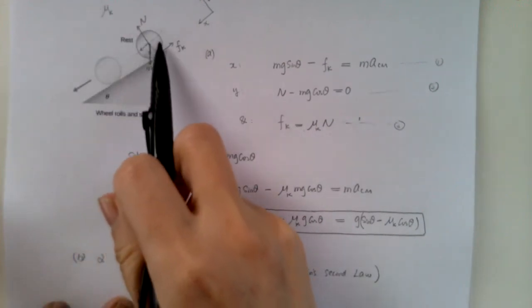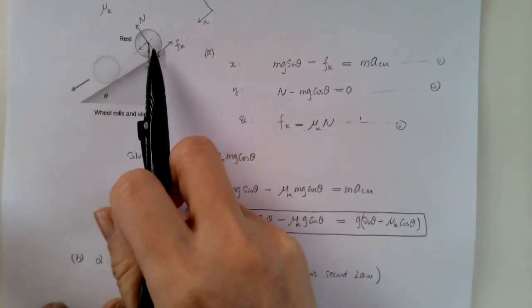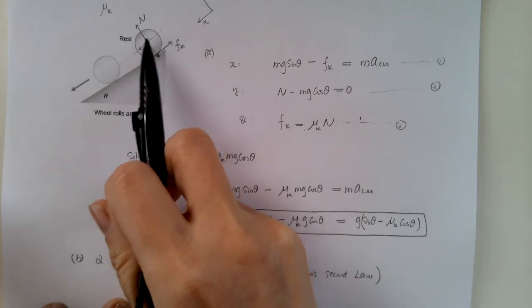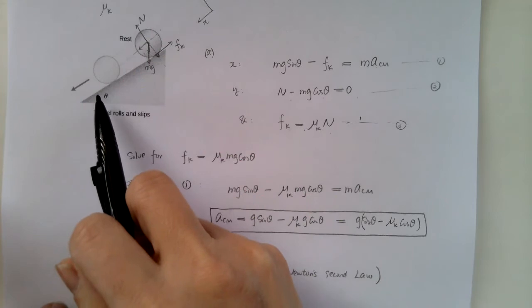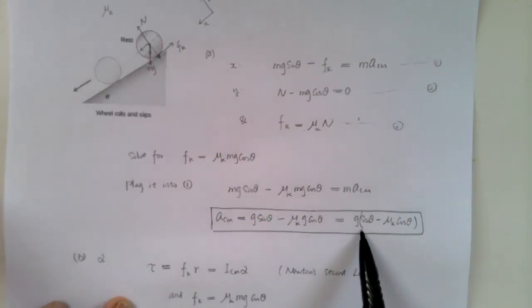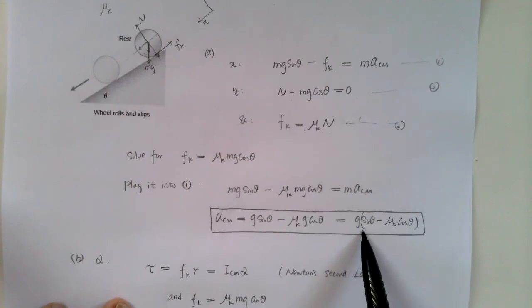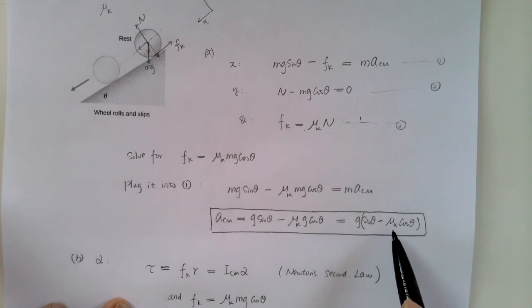It has nothing to do with its dimension, the material, or the mass. For all round bodies, when they are rolling with slipping down the inclined surface, the center of mass has the magnitude of this one. It depends on theta and mu sub k only.